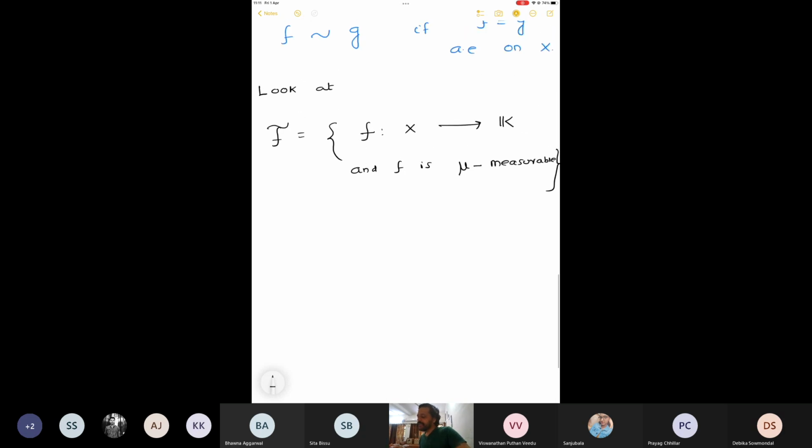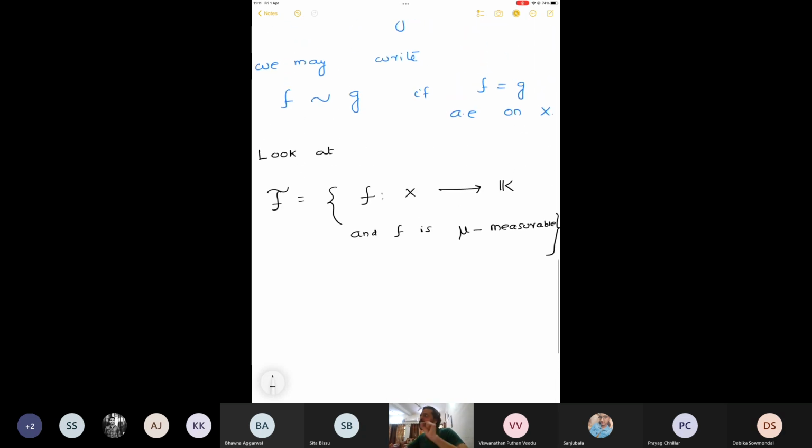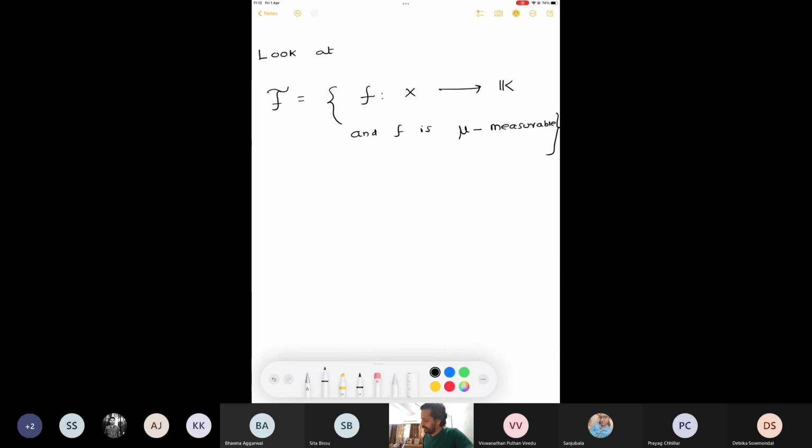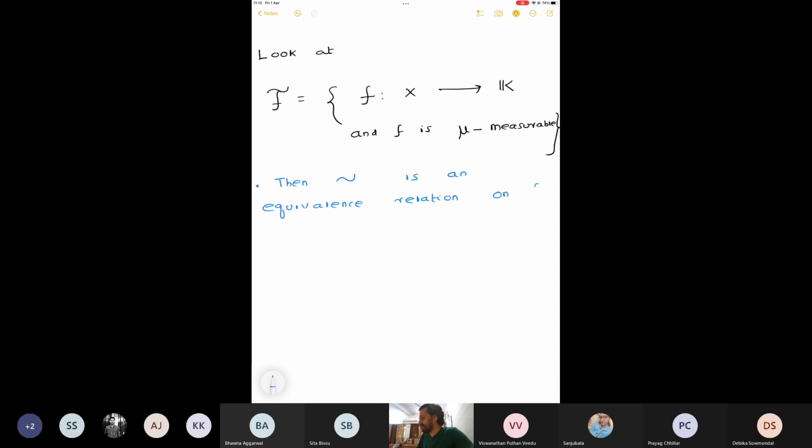Okay. And you can see that the tilde that I have introduced before, F is related to G if F is equal to G almost everywhere on X, turns out to be an equivalence relation on this set script F. That is obvious.